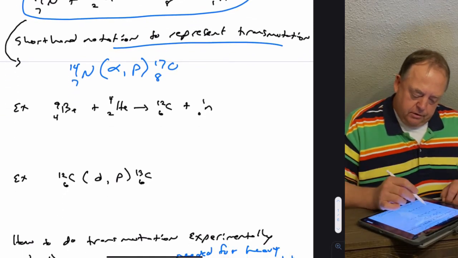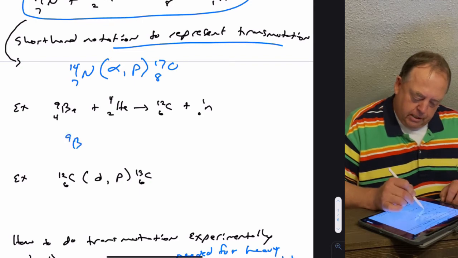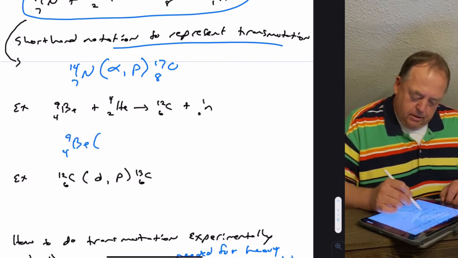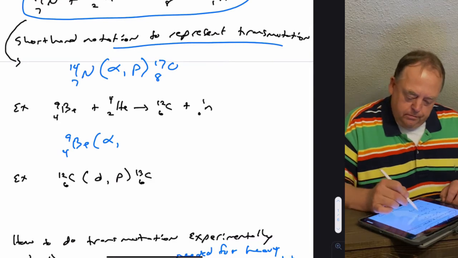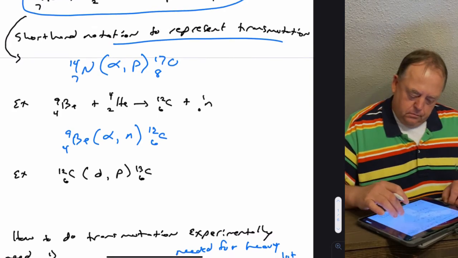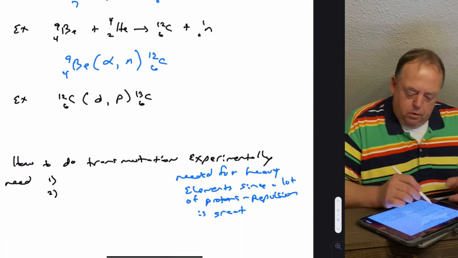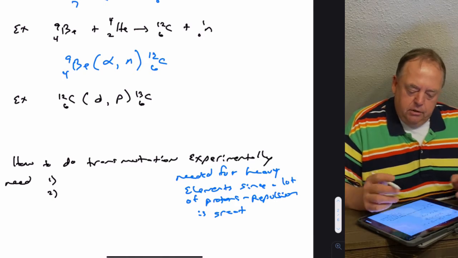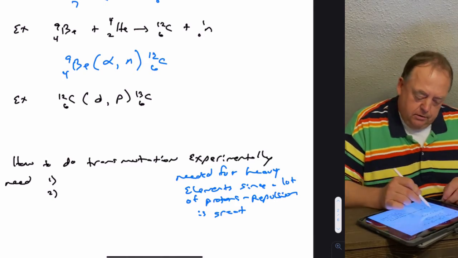If we do that for this example, we start with beryllium-9, we bombard it with an alpha particle, a neutron is ejected, and you make a carbon-12 atom. Or if you're given the shorthand notation, then write the nuclear equation for it.